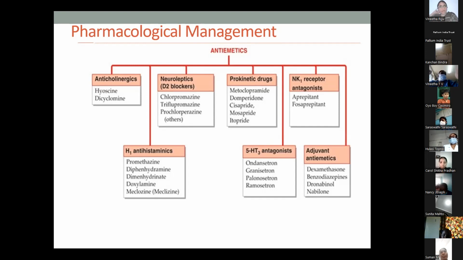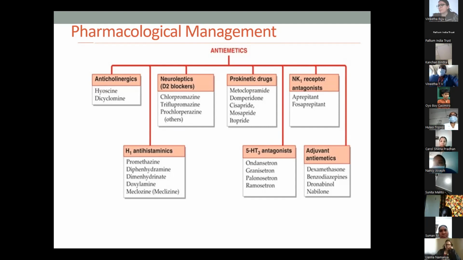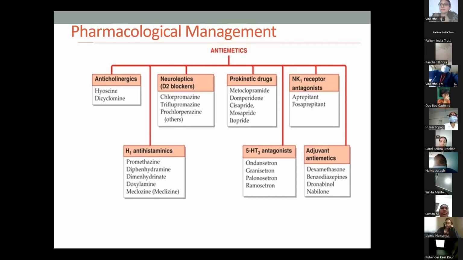They act on the vomiting center directly and inhibit vomiting. Then you can see on the side the adjuvant antiemetics. These are steroids like dexamethasone, and a short-acting muscle relaxant like a benzodiazepine, such as lorazepam or midazolam. All these can be given for patients who also have anticipatory vomiting.